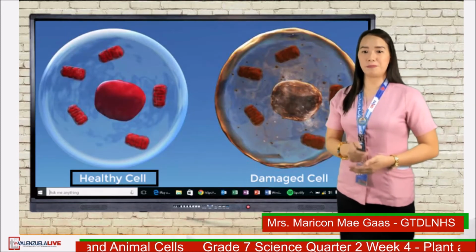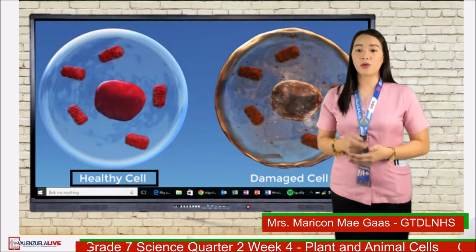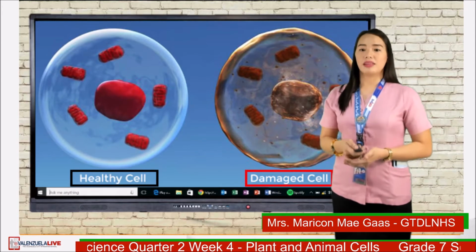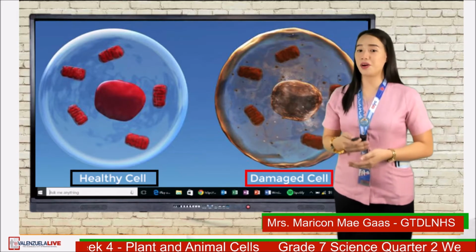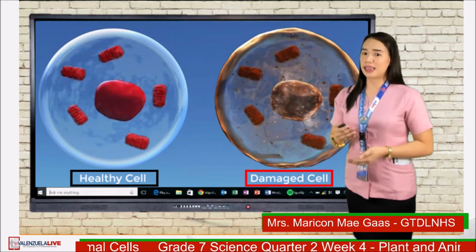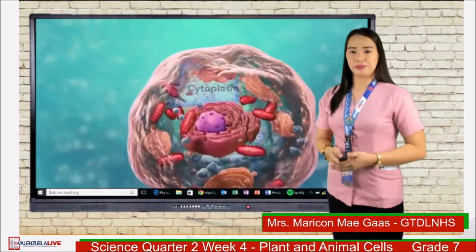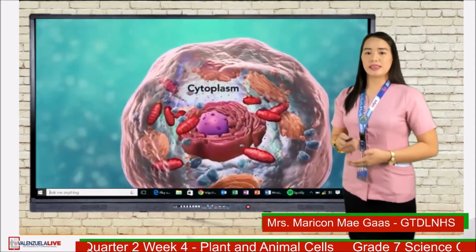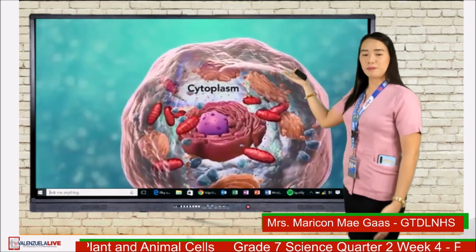The answer could be if the plasma membrane does not act correctly, the organelles may not be able to defend from the outside environment, and risky materials can enter the cell and cause cell damage. Cytoplasm. This one is the cytoplasm.